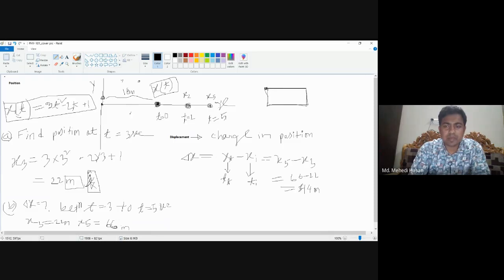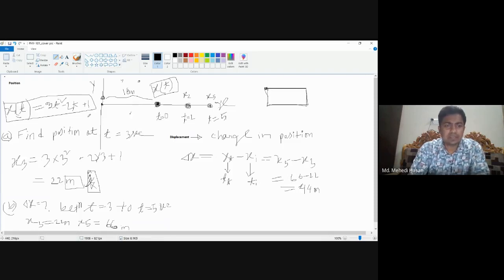It can be negative also, because if the object's position is along the negative x-axis, then it will be negative. Sign is important here.